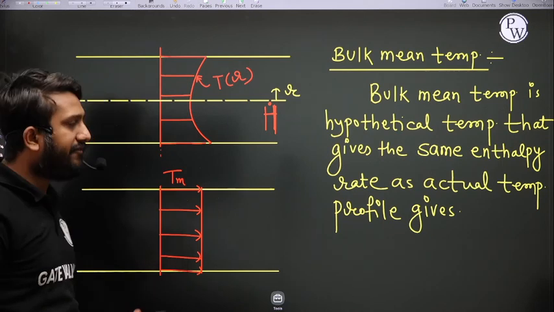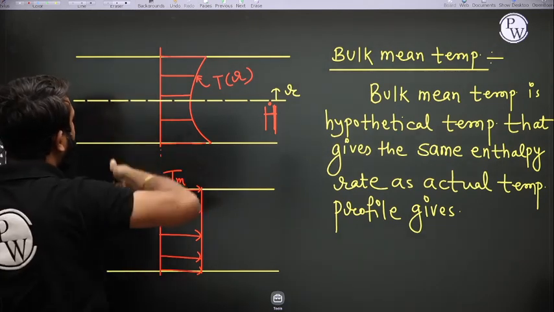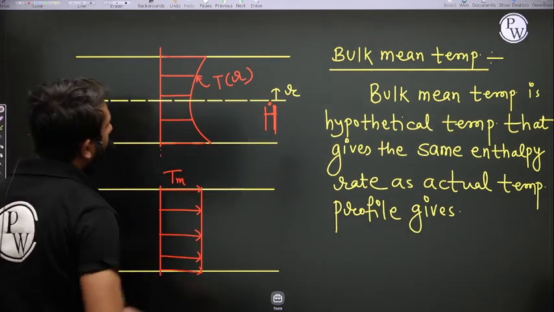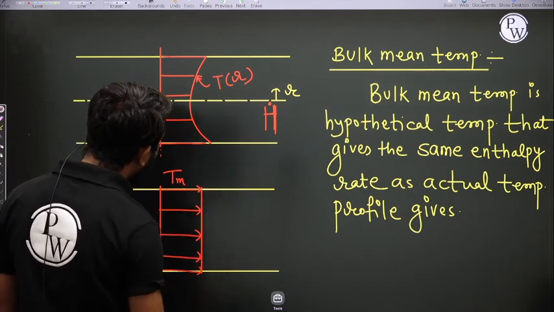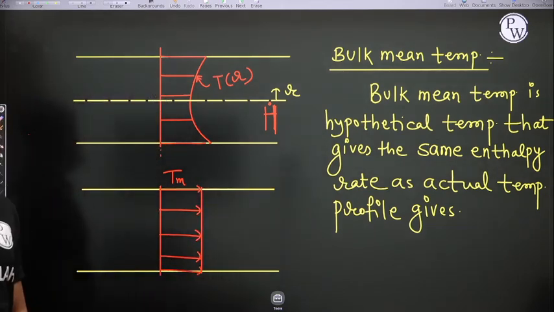But if I fix the X, if I fix the section, then T is a function of R only. And this is a variation of the mean temperature, that is a uniform variation.